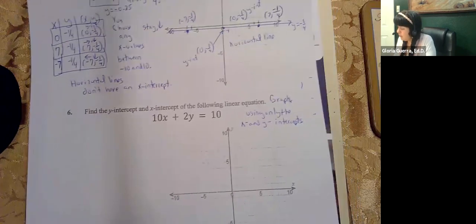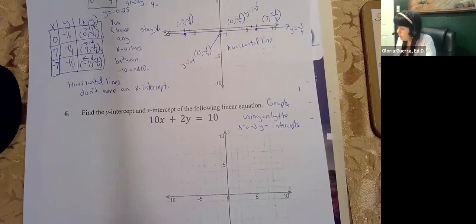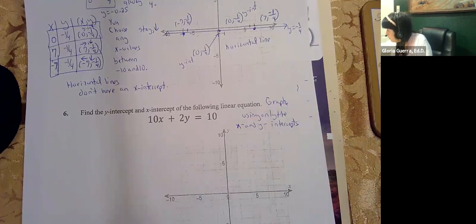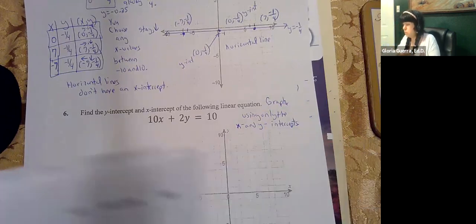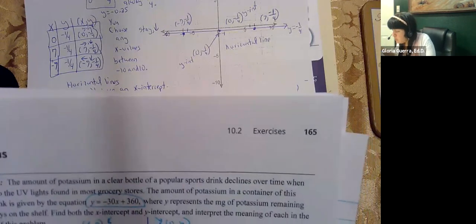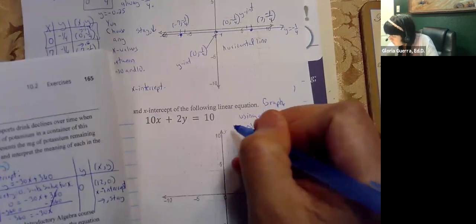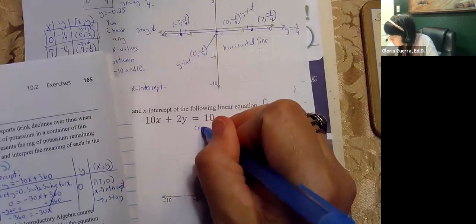Okay, that means according to your definition for x and y intercepts. Let me go back to that chemistry problem to show you. So remember they said here, x-intercept is (x, 0).